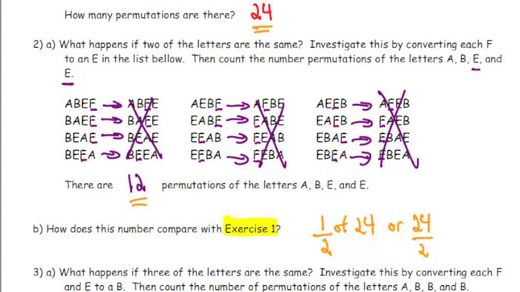Now, if we were to write this in factorial notation, we can rewrite this as, well, 24 is just 4 factorial over 2 factorial.